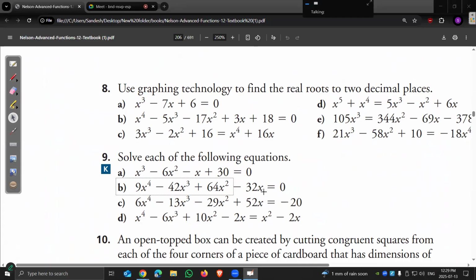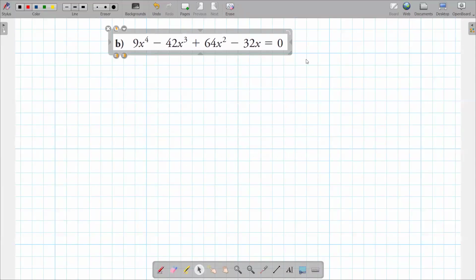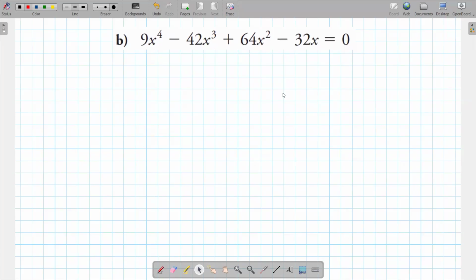Which one looks good? They all look okay. Okay, what type of function do we have? Correct.